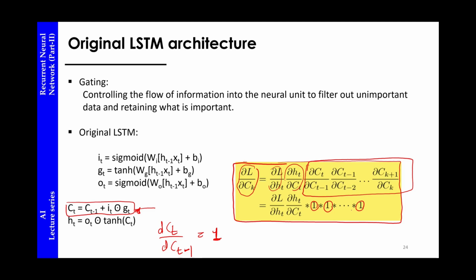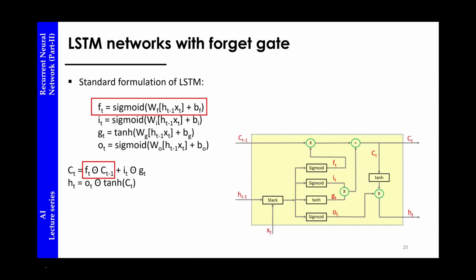But this is the original LSTM, the first LSTM architecture that was introduced. The standard LSTM today also has a forget gate. By the input gate, we decide how much information we want to input to our network.